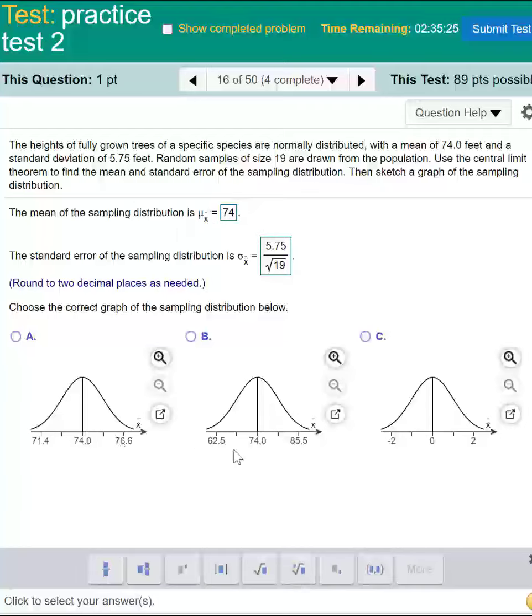It looks like A. If you add 1.3 three times, it will give you another 4. Yeah, that's 75.6, 75.4, 76. That makes sense. So it is A.